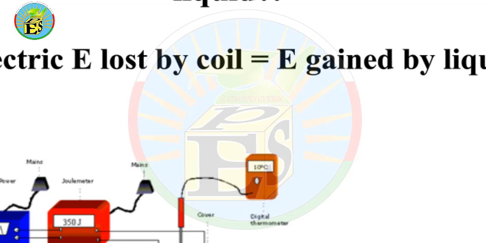This is the power supply for the coil to heat up the water, and this is the joule meter. This device measures the amount of electrical energy used to heat up the water. Electric energy lost by the coil equals energy gained by the liquid.